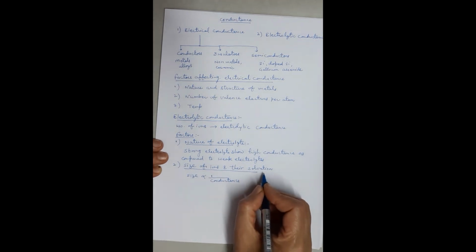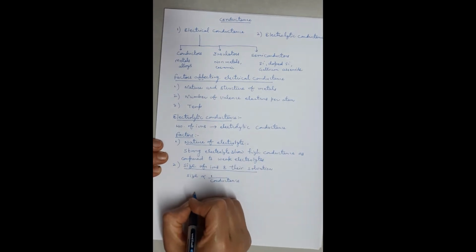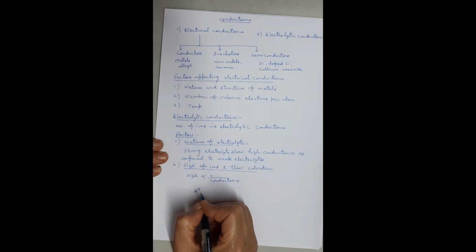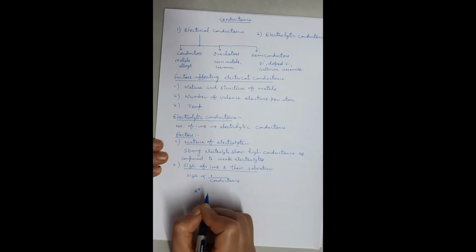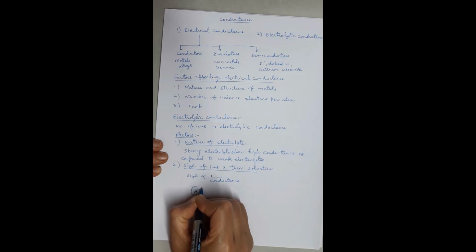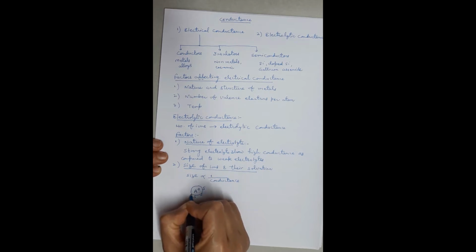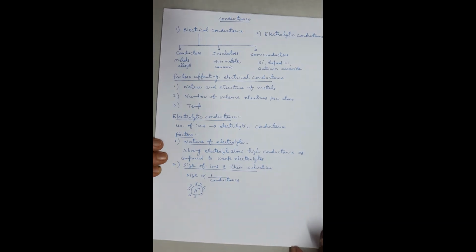What do you mean by solvation? Solvation means how solvent molecules are surrounding a particular ion. Suppose this is a particular ion which is having high charge density. Charge density means charge upon size, where the size is small but the charge is more, and the solvent molecules are surrounding it. These are the solvent molecules. If they surround it, then it becomes solvated.